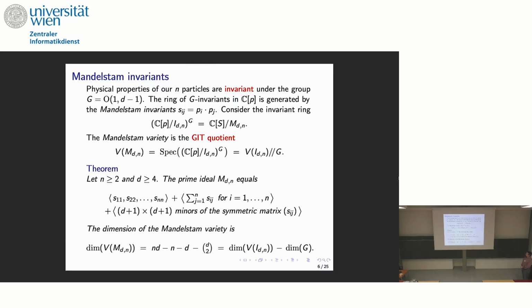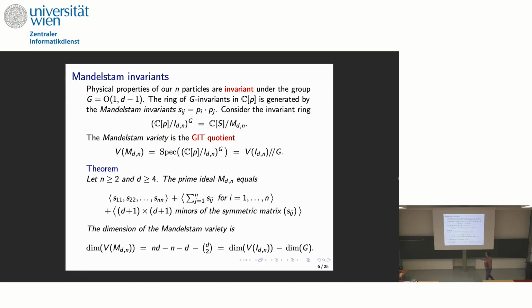All right, now there it is, spelled out. Here d is at least 4 and n is at least 2. Then this prime ideal, it's again prime. And prime is an adjective you should know. Primary is pretty good, but prime is even better.